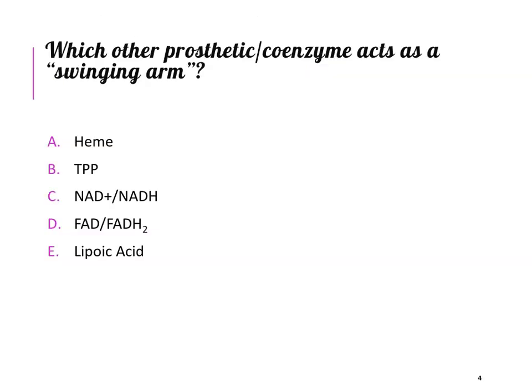Do you remember what other prosthetic group we called a swinging arm? There's this one other prosthetic group that would pick up some carbons from one site and then swing over to another subunit and drop them off. And it wasn't the heme because that one doesn't move. NADH and FADH2 usually come in and out.